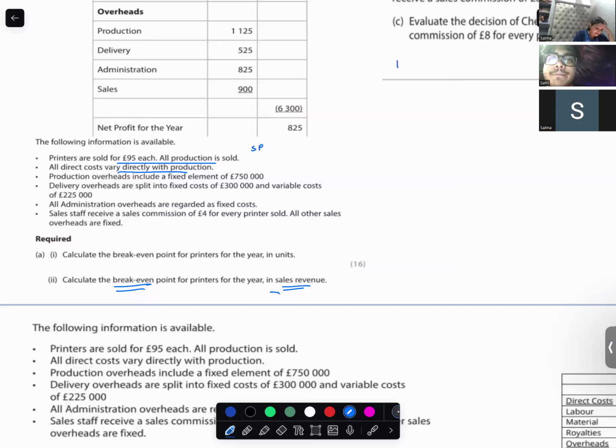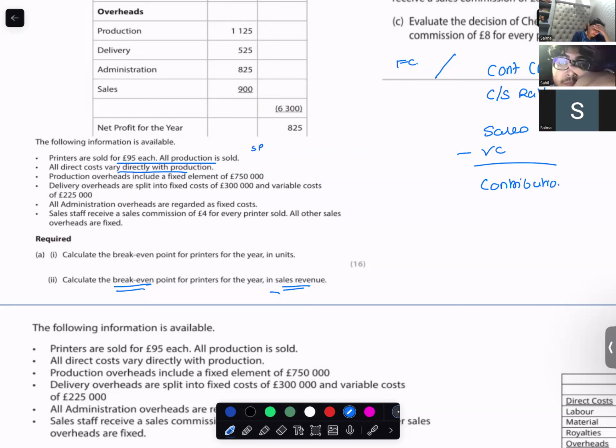Two things I need: the fixed cost and the contribution per unit. The third thing I need is the contribution to sales ratio. How do you get the contribution? Sales minus variable cost is contribution.